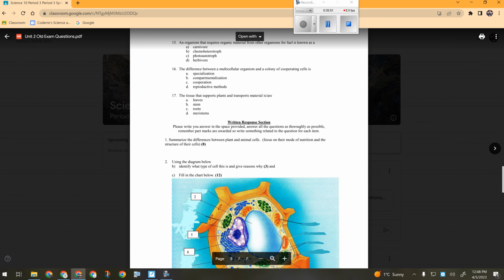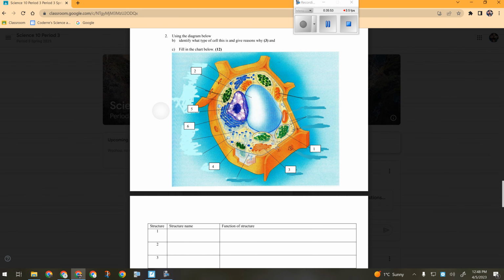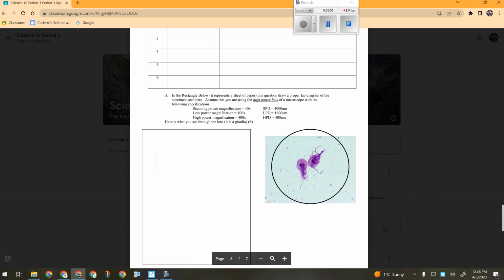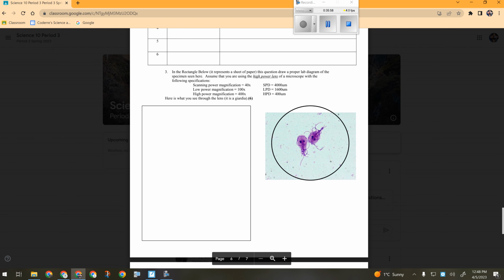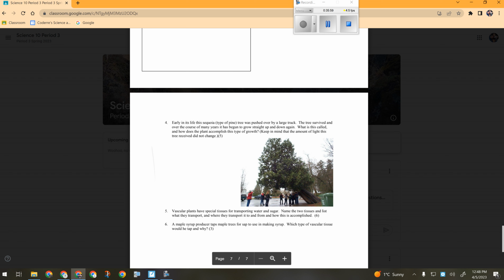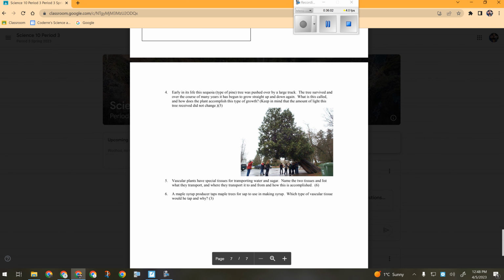You can see an example of one that would be about tropisms. That tree got knocked over by a large truck when it was little, and now it's growing straight up and down again. You could explain to me why. That's how I'm going to ask those kinds of questions. So it gives you a pretty good idea what you're going to see.